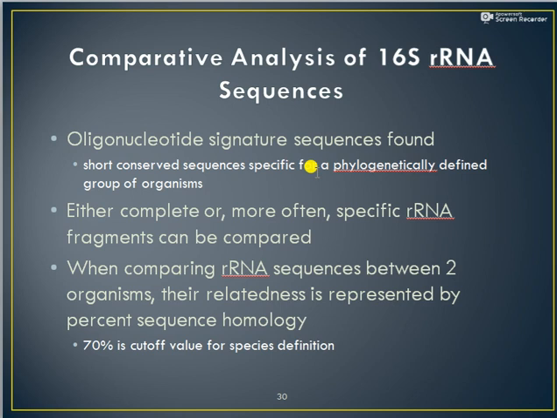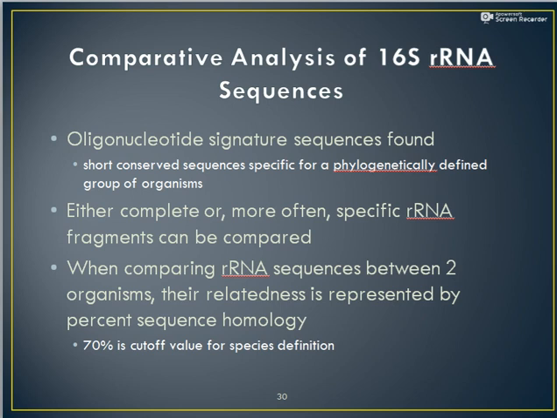When you compare the ribosomal rRNA sequences between two different organisms, their relatedness is represented by the percentage sequence homology. If they have a 70 percent cutoff value, that is, if they are found to be related by 70 percent, then we say that they belong to a particular species.